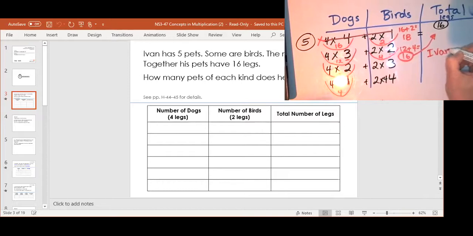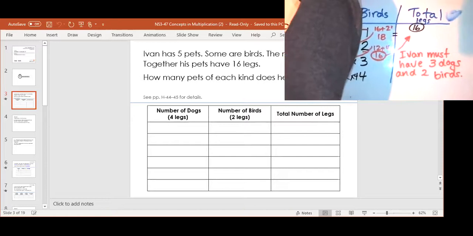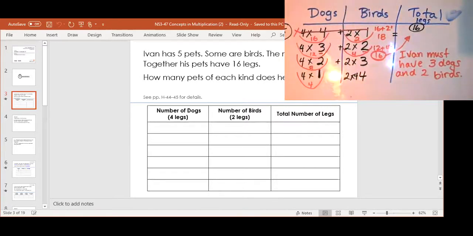Ivan must have 3 dogs and 2 birds. All right. Oops, you can't even see my writing. There we go. Ivan must have 3 dogs and 2 birds.